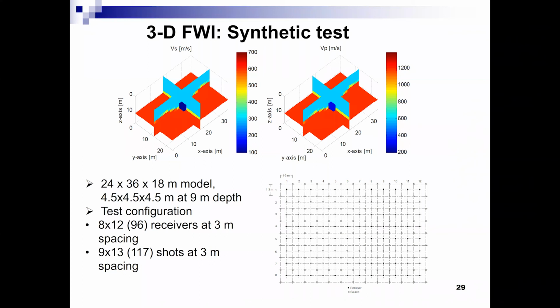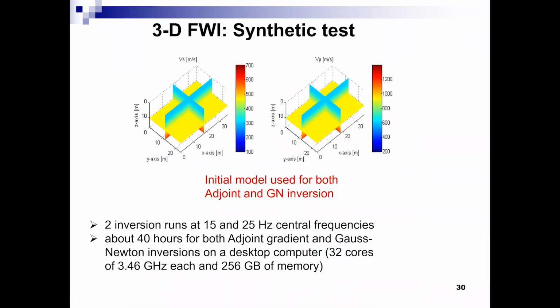So the tested area here is 24 by 36 meters on the ground surface. And we begin with a simple initial model again, increasing with depth. We use the same initial model for both Adjoint and Gauss-Newton inversion. We did 2 inversion runs at 15 and 25 Hertz central frequency.